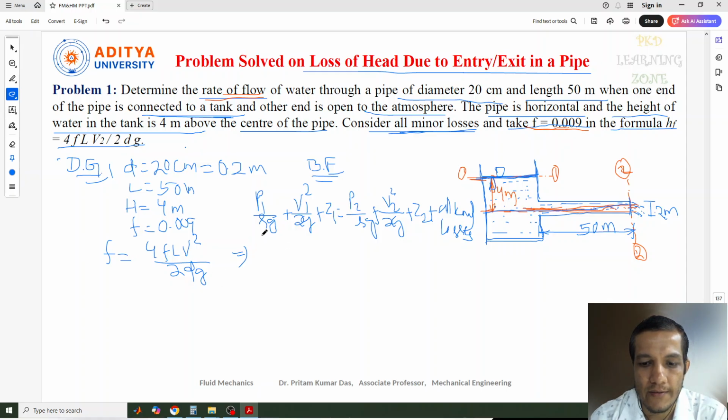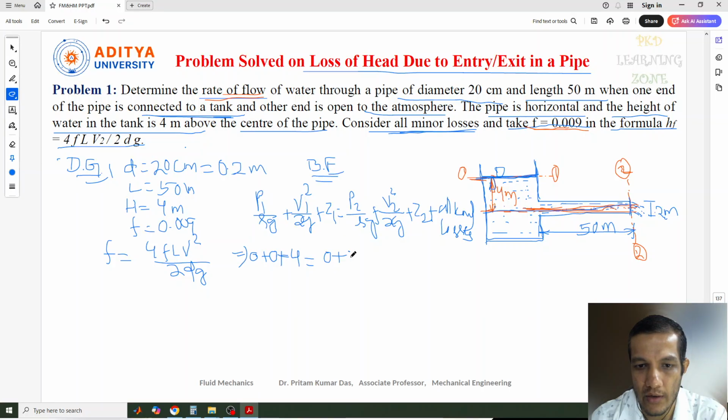So let's put this as 0, and there is no flow at this point, so that is also 0. But the datum head is given as 4 meter, the liquid is situated at a 4 meter height, so this is 4. Similarly the pressure head at the exit point is not there, so we consider 0. Again V2 square by 2g: the velocity of the fluid is not given, we need to calculate it.